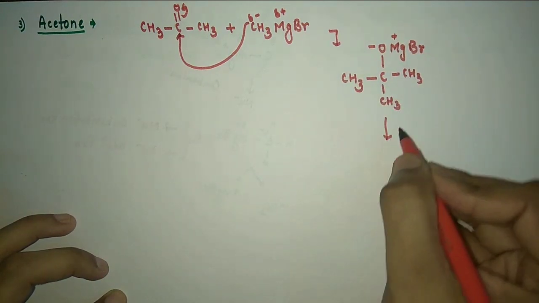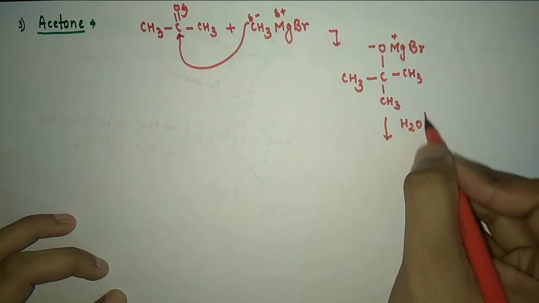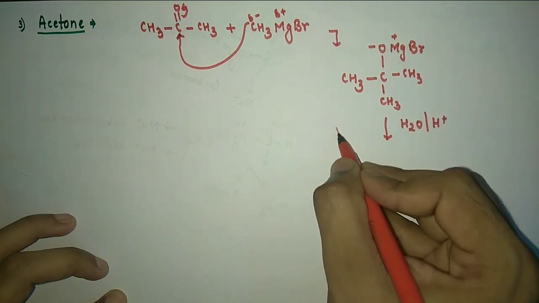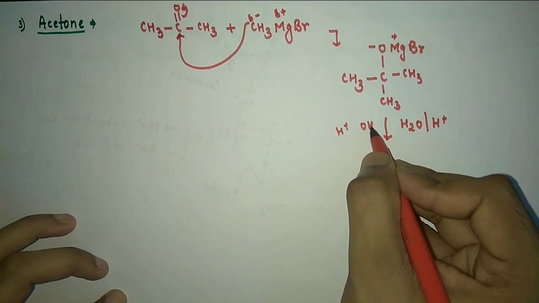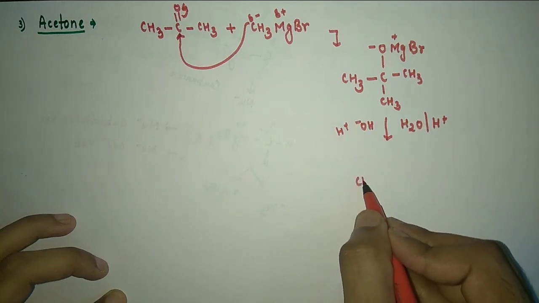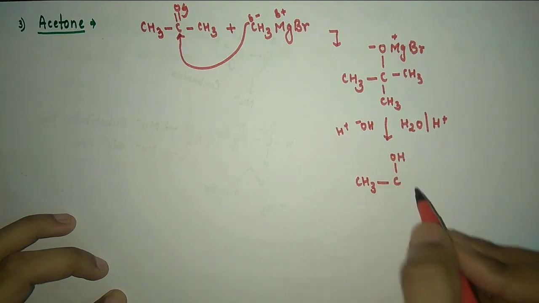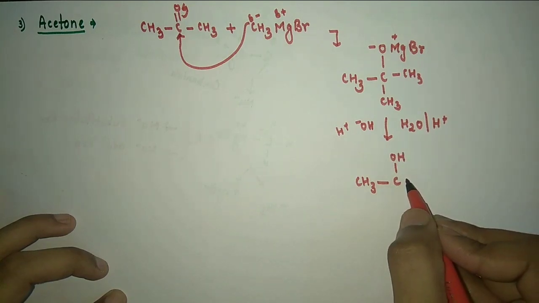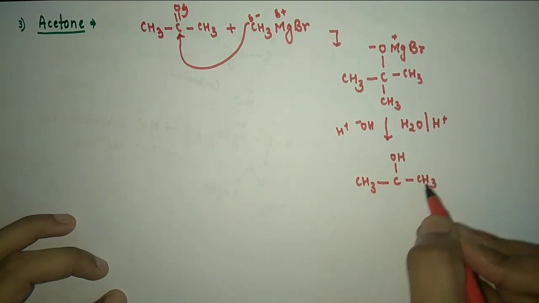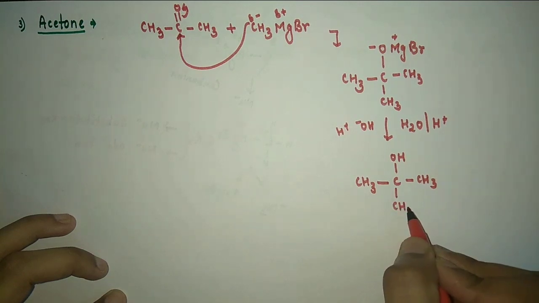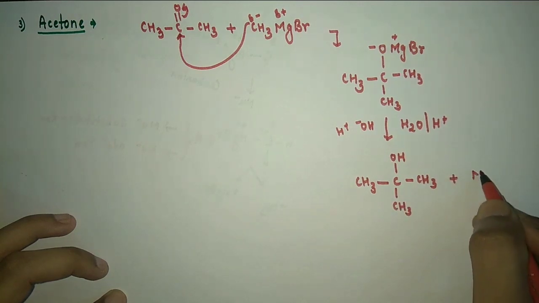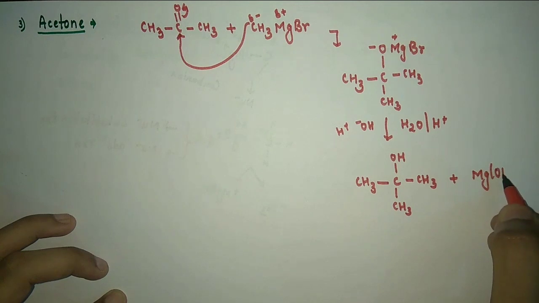After this, the next step will be hydrolysis in the presence of acidic medium, H plus and OH minus. So what happens? This O minus will accept a proton and convert it into the alcohol, and the byproduct will be Mg, OH, Br.